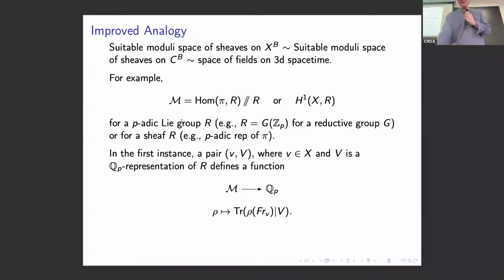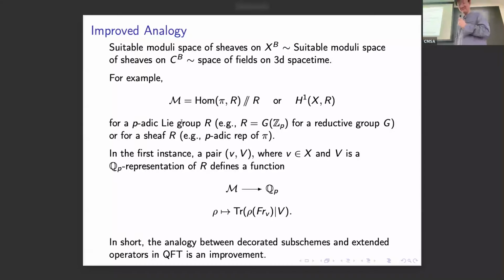And what I'm claiming is a relation between these kinds of decorated subsystems and observables.